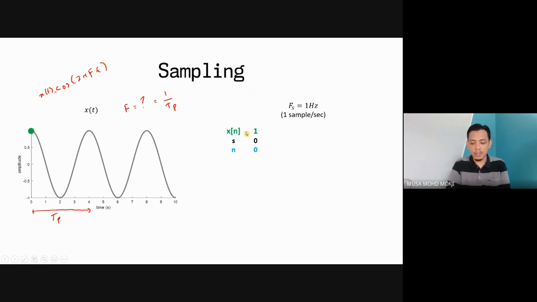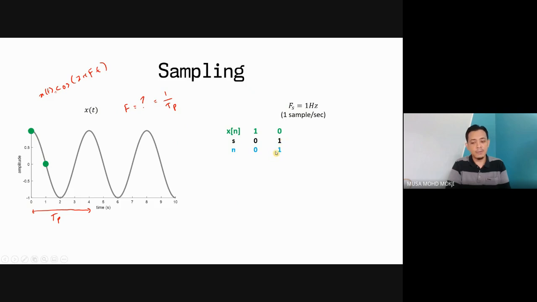So what is our x[0]? Our x[0] is 1. What will be the next sample? We want to sample every 1 second, so this is a sampling frequency of 1 hertz. After 0, we wait 1 second and take another sample, now at time 1 second.